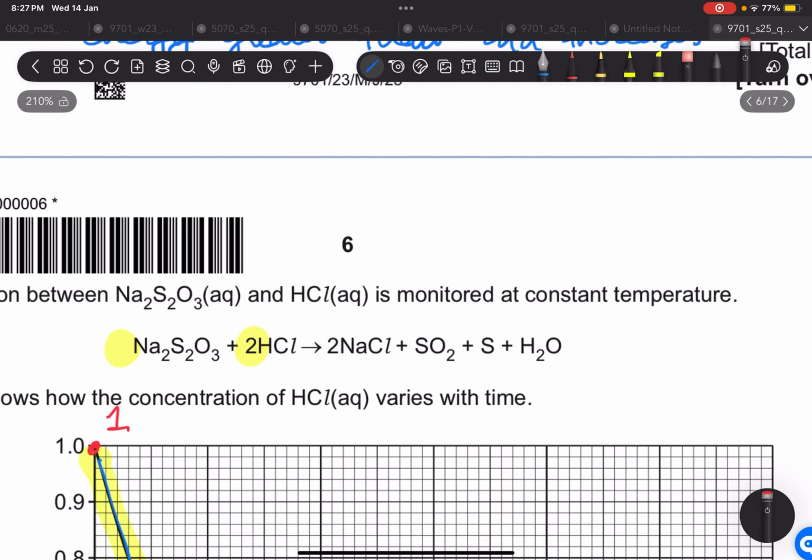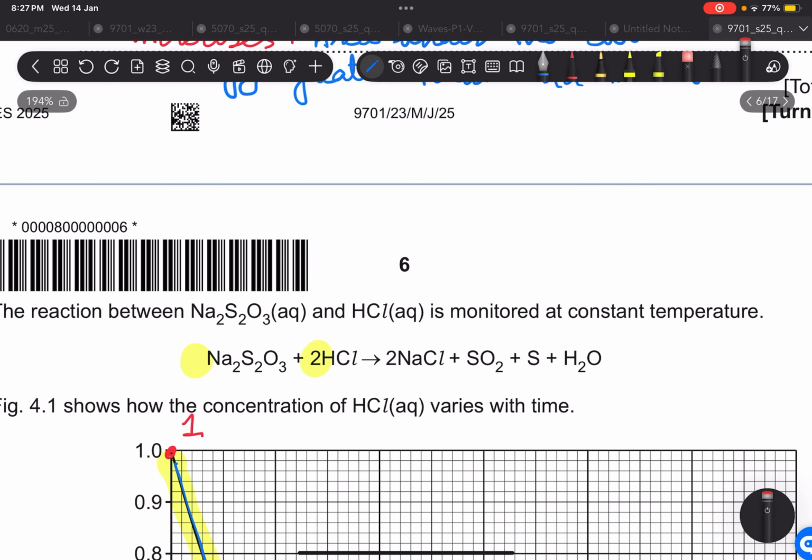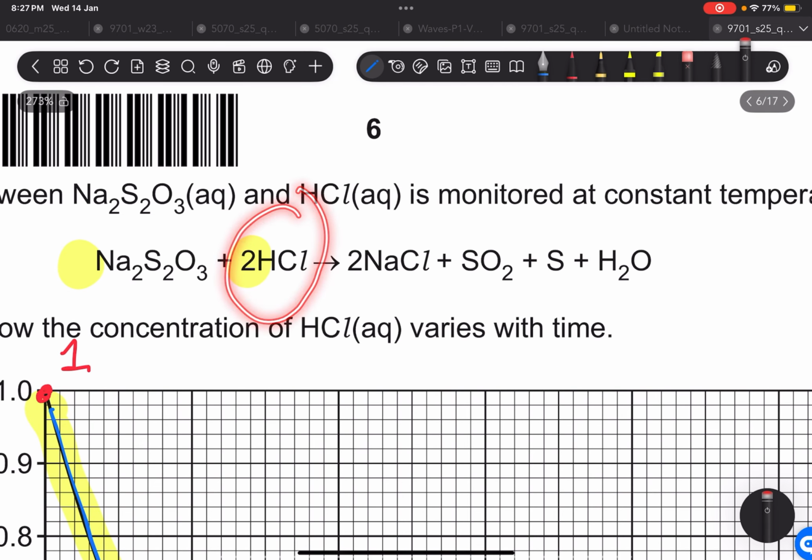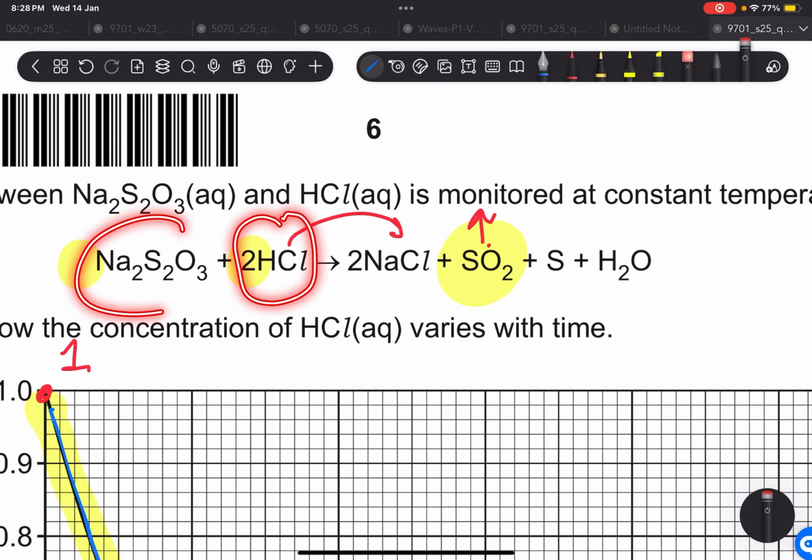Okay, over here we have this thing, then we have HCl, then we have SO2 and then we have NaCl, S और H2O. अब वो कह रहे हैं इफ़ वी मेजर, अभी हम देख रहे हैं अमाउंट ऑफ HCl दैट्स रिड्यूसिंग, बट वो कह रहे हैं नाउ यू गॉट अंडरस्टैंड कि SO2 को अगर हम मेजर करें मतलब हाउ इट्स डिक्रीजिंग, या मतलब वो तो प्रोड्यूस होएगी सो इट्स गोना इंक्रीज. सो हाउ मच अमाउंट ऑफ SO2 इज़ इंक्रीजिंग, अगर हम उसको मॉनिटर करें सो दैट कैन नॉट गिव मी परफेक्ट रेट ऑफ रिएक्शन. वाई? यू गॉट टू रियलाइज वन थिंग, इस रिएक्शन में क्या हो रहा है कि एसिड रिएक्ट करे इस चीज़ के साथ.